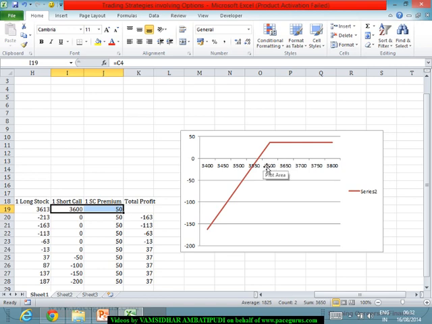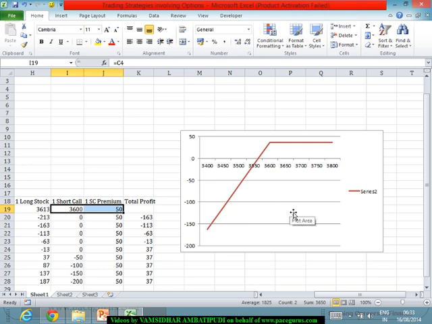See the typical location where I am seeing 3,587 here. At this particular point, 3,587, the break even is occurring, and after that I am seeing that the losses are mounting up. The losses are going even to the extent of unlimited 163 in this particular case.